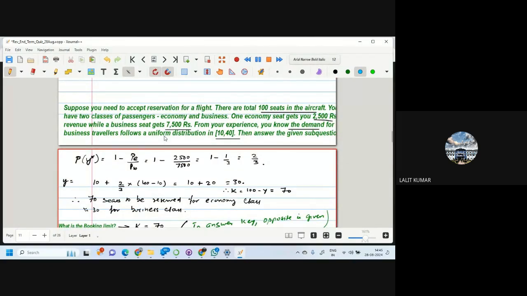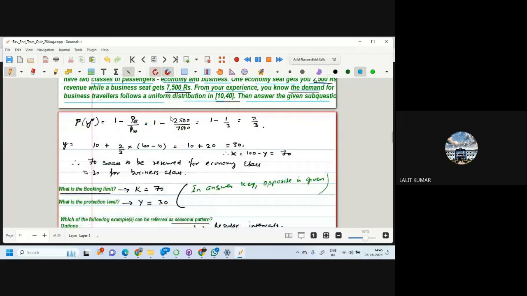Next question is from week 9 to week 12. Suppose you need to accept reservations for a flight. There are a total of 100 seats. You have two classes of passengers, economy and business. One economy seat gets you 2,500 rupees revenue, while a business seat gets 7,500. From your experience, you know the demand for business travelers follows a uniform distribution from 10 to 40.